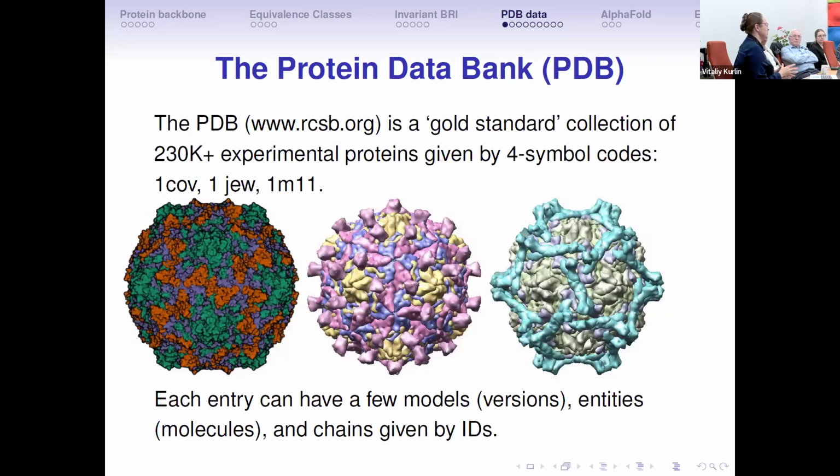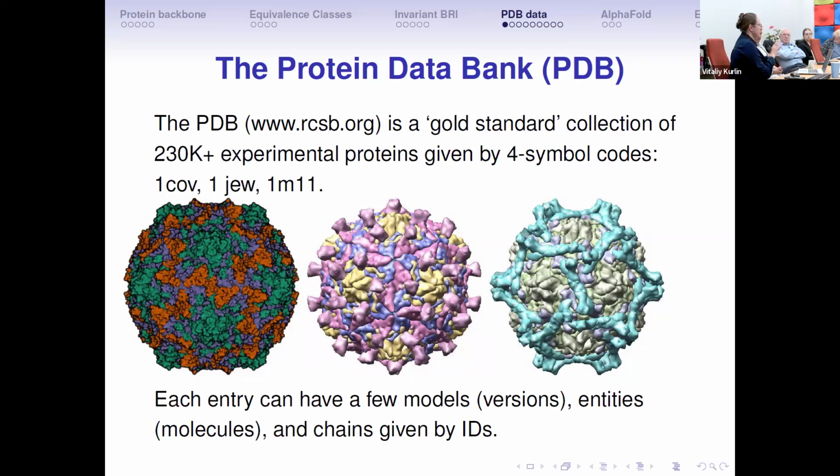And each file can have different versions of the model, different molecules or entities, and different chains. So in essence, every experimental protein is quite a complicated construct, similar to what you see in front of you.